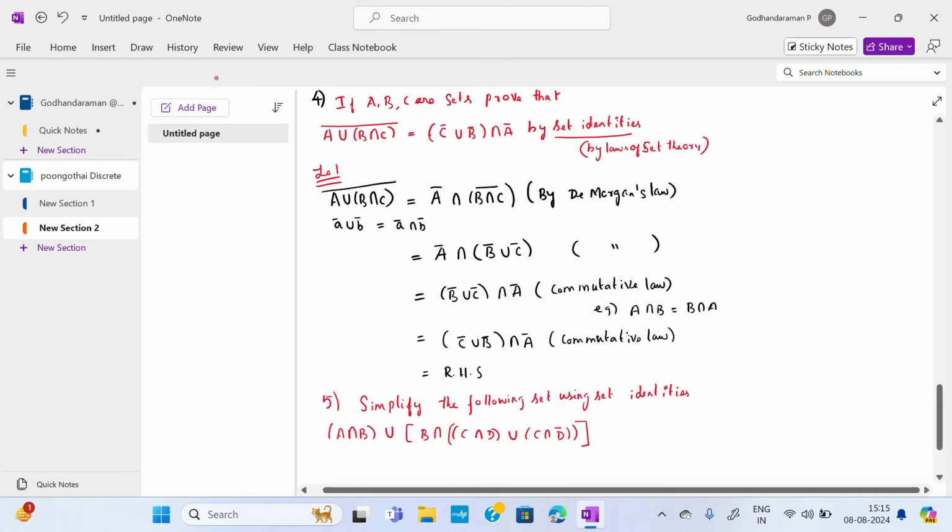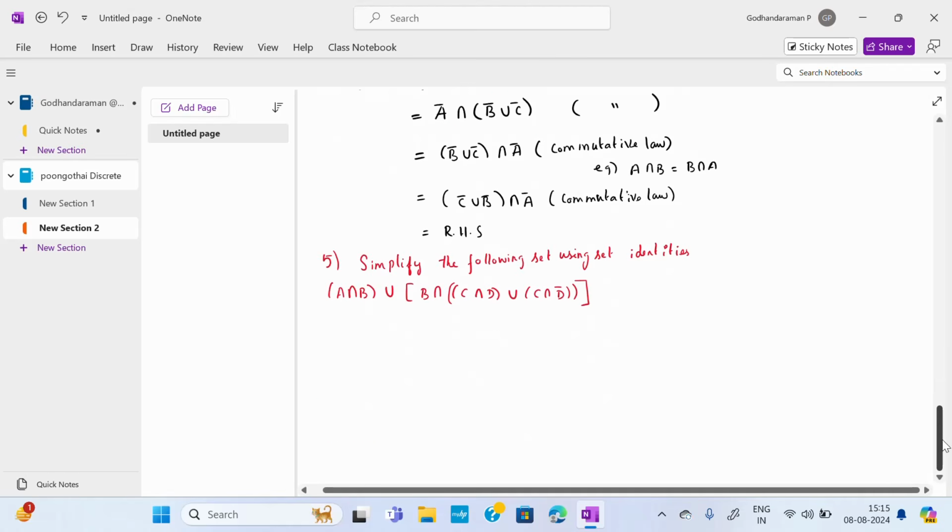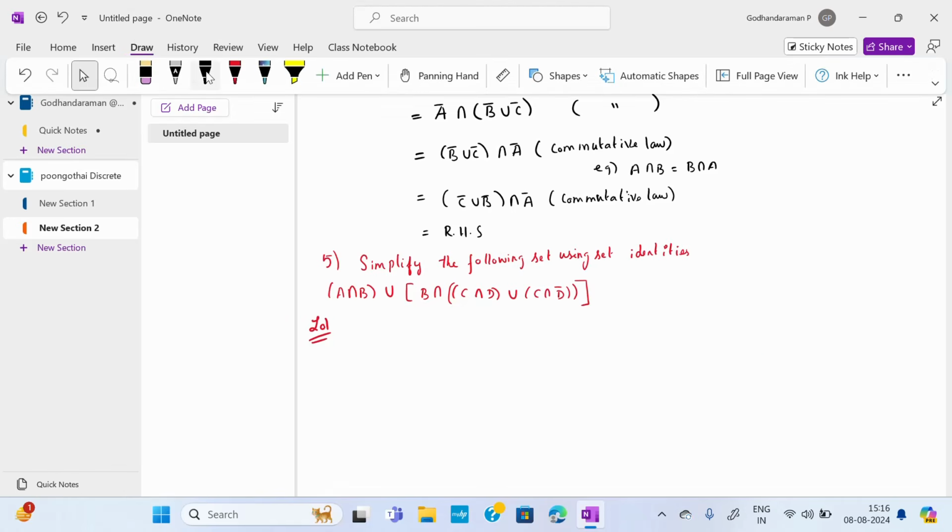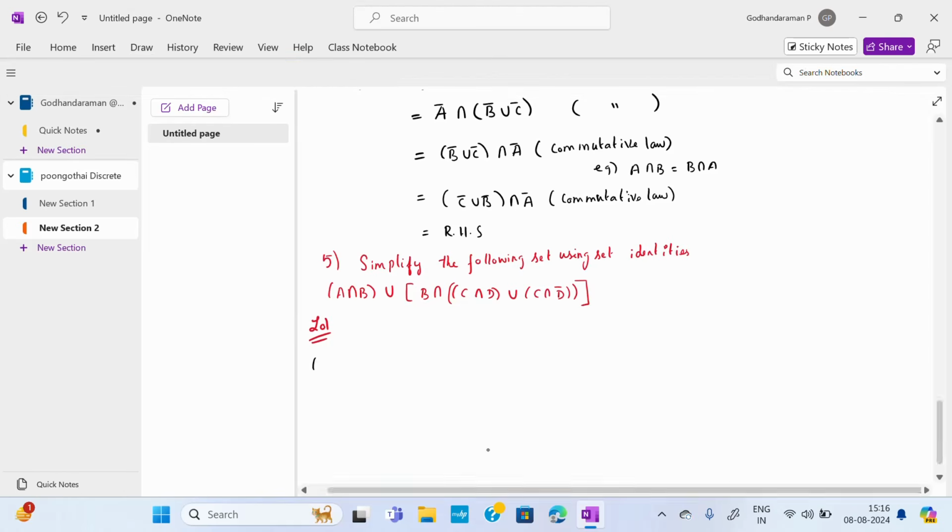They are not asked to prove, only to simplify it. The answer is not given, so we are going to write it in a simplified way, using the laws. So what is the full question given? A intersection B union B intersection C intersection D union C intersection D bar. So this is the question given.